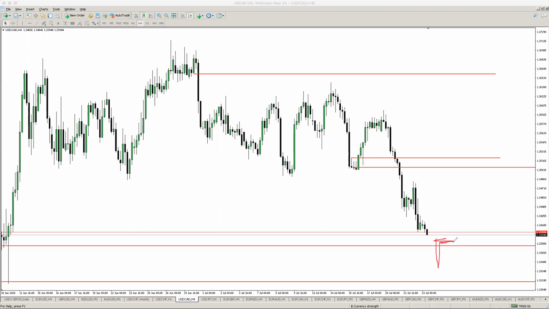And once that happens, we are going to start buying. And what are we aiming for? We are aiming at this block or this low here as our take profit. And then we wait for price action to give its hand, whether it wants to trade down or it wants to trade up.